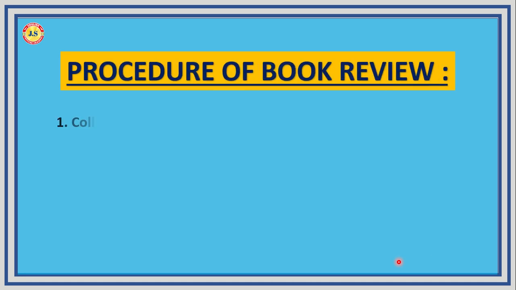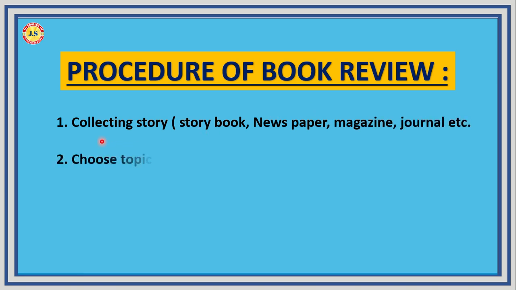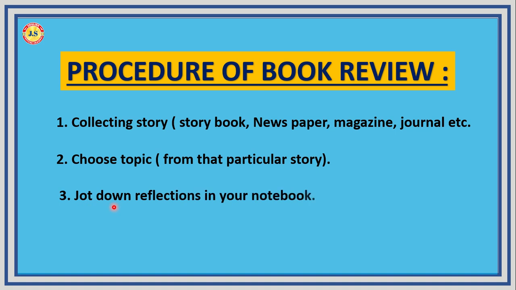Now let us see the procedure of book review or read and reflect. The first step is collecting a story, the second is choosing a topic, and the third is jotting down reflections in your notebook. First of all, we need to select any story, storybook or article, or any type of text which you would like to read, from any source like a newspaper, magazine, article, journal, etc. other than your textbook.